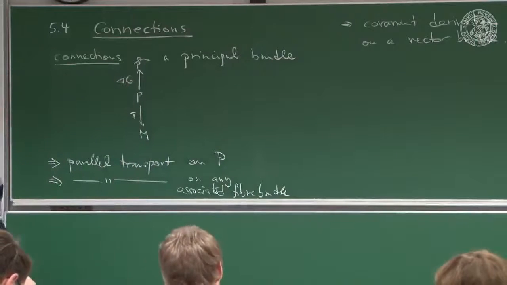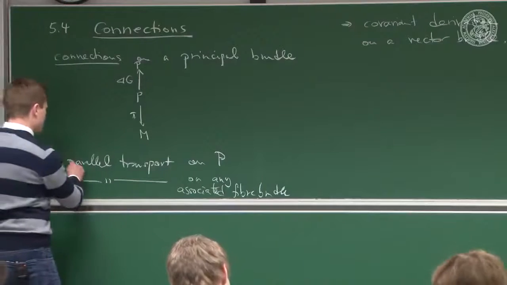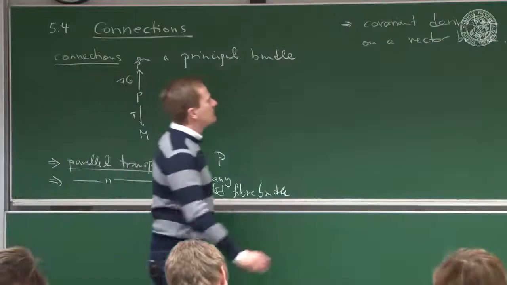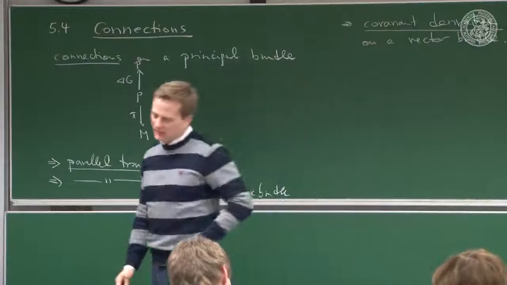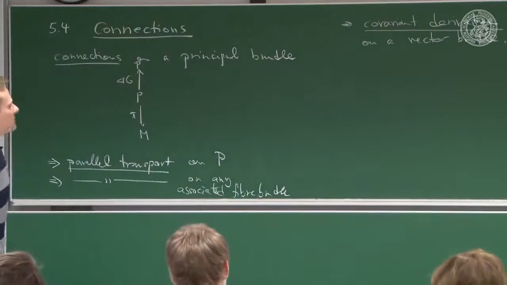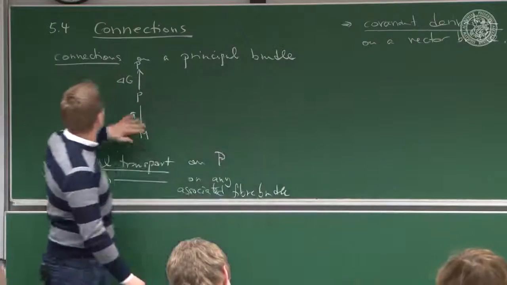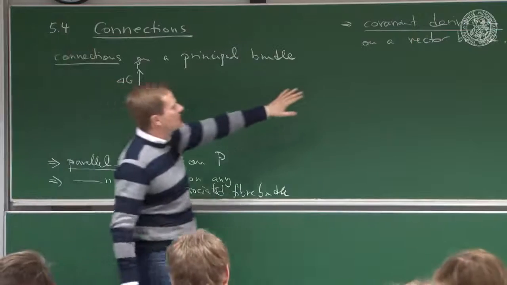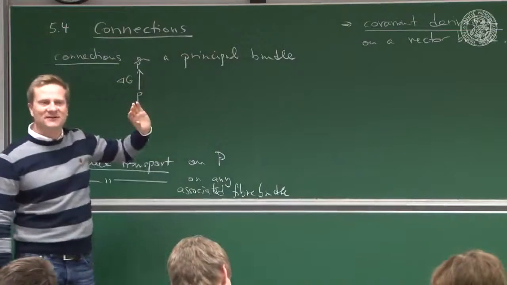So you see, in decreasing order of generality we have connections, parallel transports, and finally, as a hyperspecial case, covariant derivatives on a vector bundle, which still is defined in terms of a connection if this vector bundle is the associated bundle of some principal bundle.